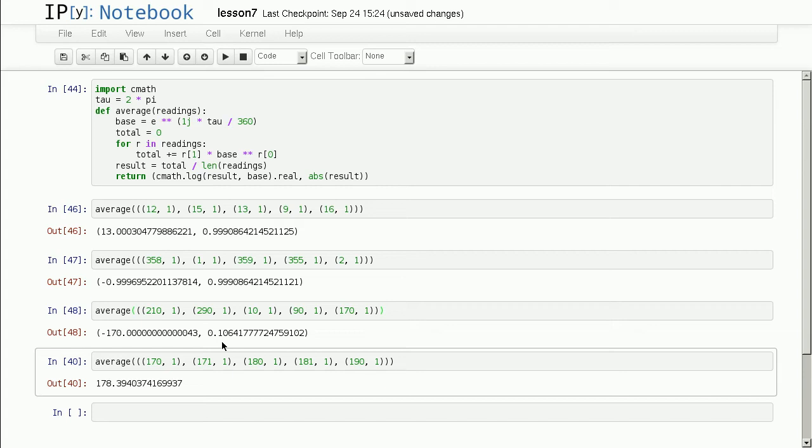And if you think about what's going on here, what we're doing is taking an average of a bunch of vectors that are going all different directions. And it turns out that their result is pretty close to the origin, which means that this average direction of -170 degrees is a weak result.